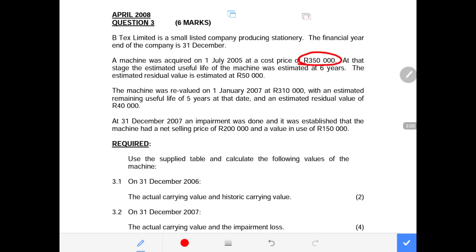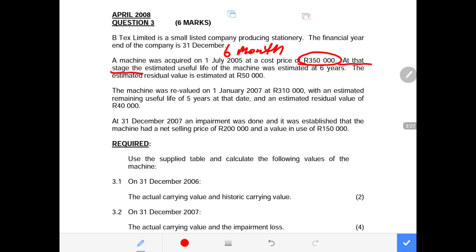That means when we account for the depreciation for this machinery, we need to be aware of the fact that it was bought 6 months before the end of the year, from July up until December. So now depreciation will be for only a portion of the year.